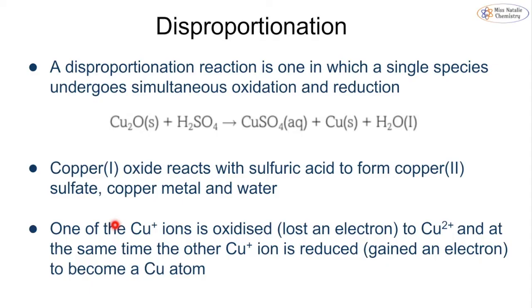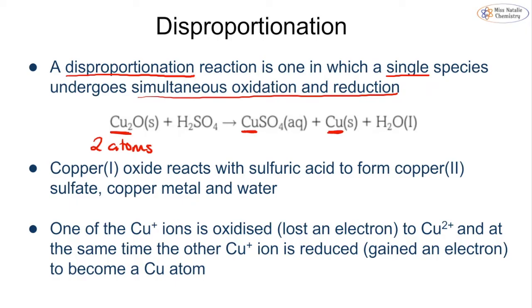So this is new for A level, and it is a disproportionation reaction. Now, a disproportionation reaction is when a single species undergoes simultaneous oxidation and reduction. So in this reaction here, you can see that we have two copper atoms. And when copper oxide reacts with sulfuric acid, we can form copper sulfate and we can form copper.